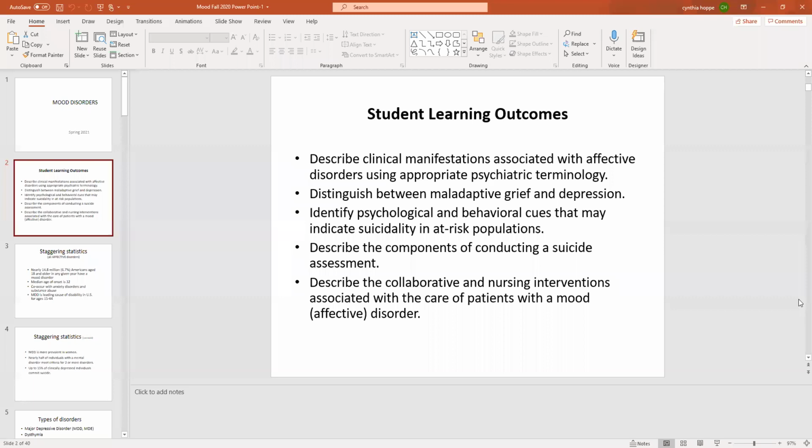Describe the collaborative and nursing interventions associated with the care of patients with the mood or affective, very similar terminology, disorder. I have a nursing care plan on the Canvas site that looks at the similarities between a depressed state and a manic state and the differences too.